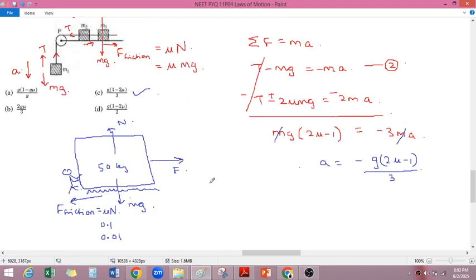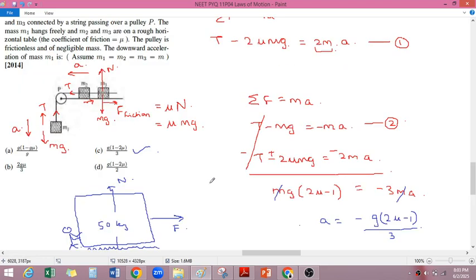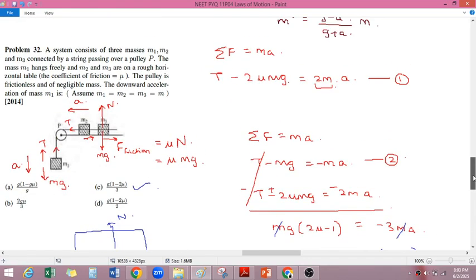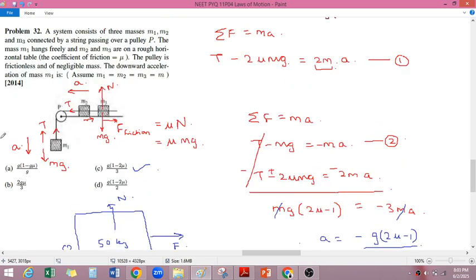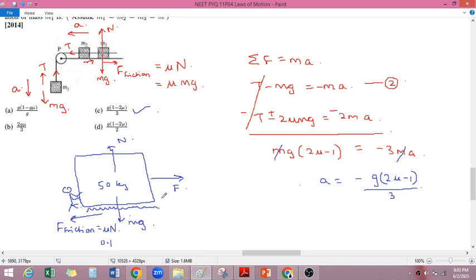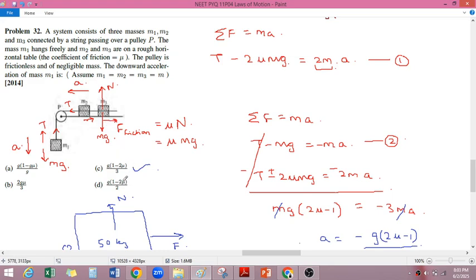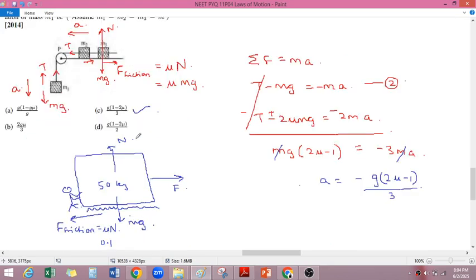Okay, very good. If you have this kind of thinking, it is very good actually. You will learn more, and as you get some answers, you can double check whether it is making sense or not. For example, if they said no friction, right? What will happen? No friction means mu is equal to 0. Do you agree? That means this term will go away, which means g by 3.